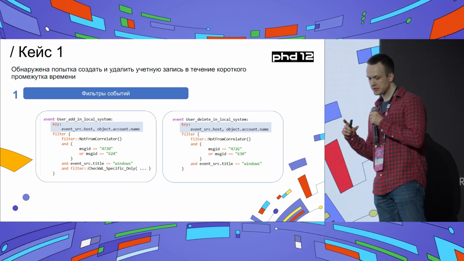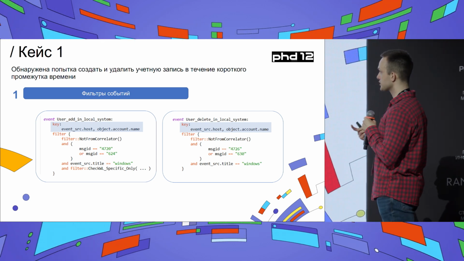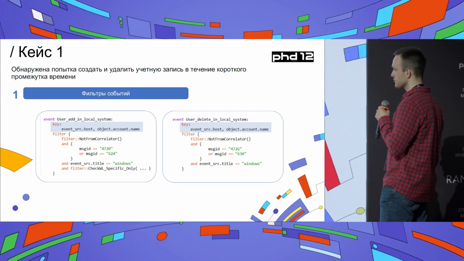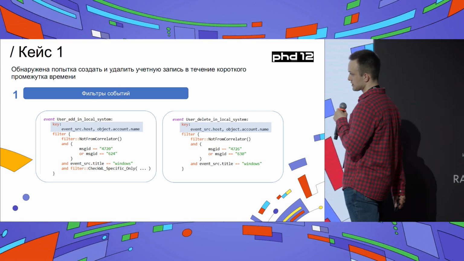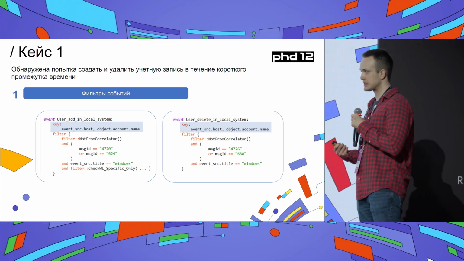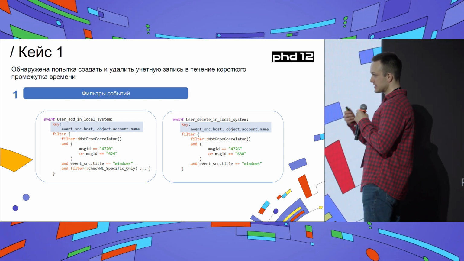In the product, you can select pieces of filters into a separate object and then reuse them in as many rules as you like. Now we use our standard filter, not from the correlator, in order to avoid cycling, because there were such cases.